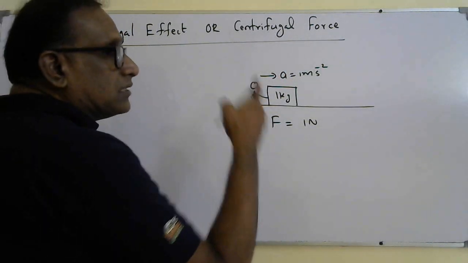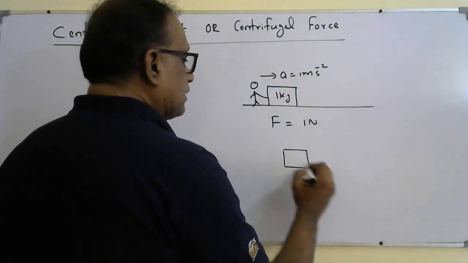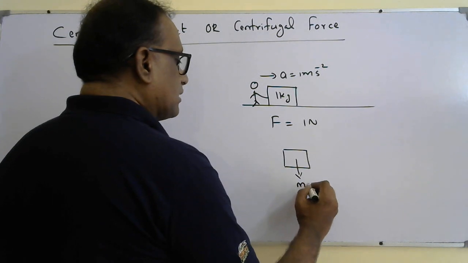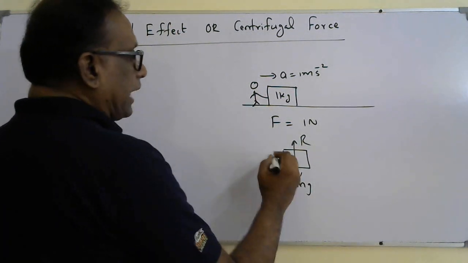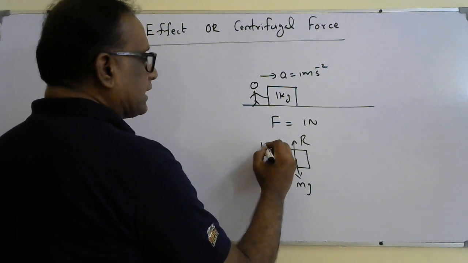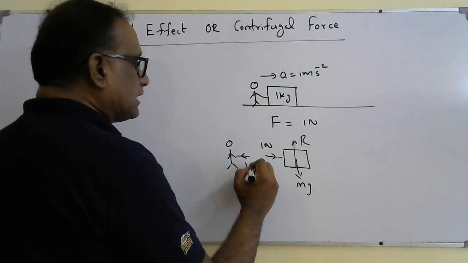If I draw a free body force diagram for the object, there will be weight downwards and a normal reaction. We don't need those two forces, but you apply a force of 1 Newton in this direction, and you will have a force in the opposite direction according to Newton's third law.